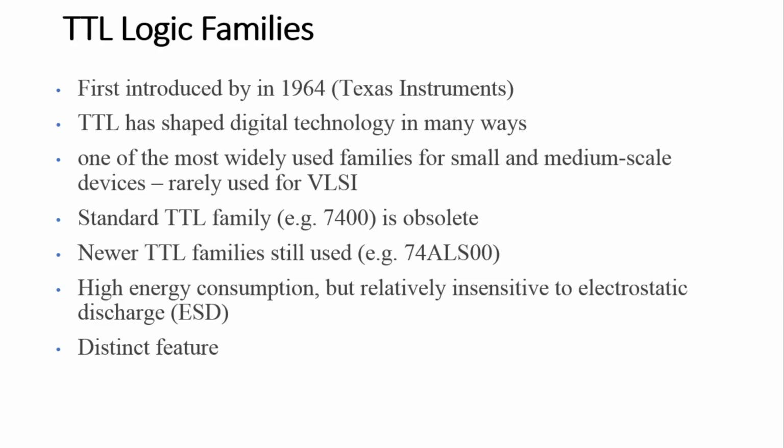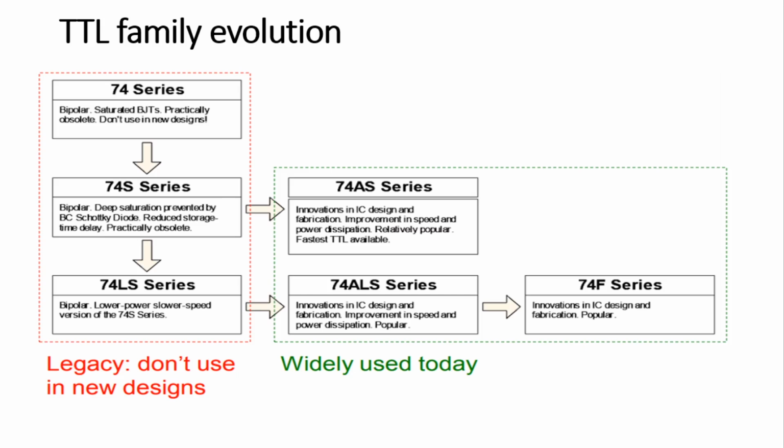and distinct features. So this is the DTL family evolution, the 74 series. After that come the 74S series, 74LS series, 74AS series, 74ALS series, and 74F series.